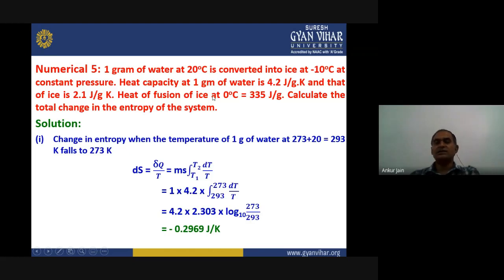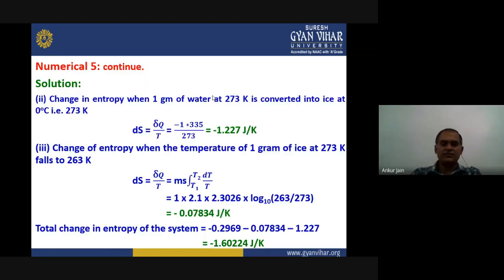So this is the heat which is used for the conversion of water into ice at 0 degrees centigrade, so we have put this value here. The final answer is again minus 1.227 joule per Kelvin, and that again means the entropy of this system falls down. And that is for sure, because liquid is converting into solid form, and the entropy of liquid is always greater than the solid form, so the entropy change will be negative.